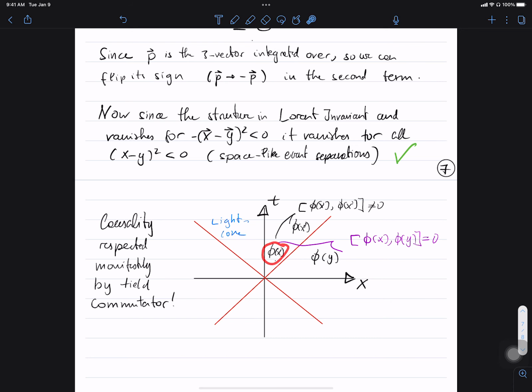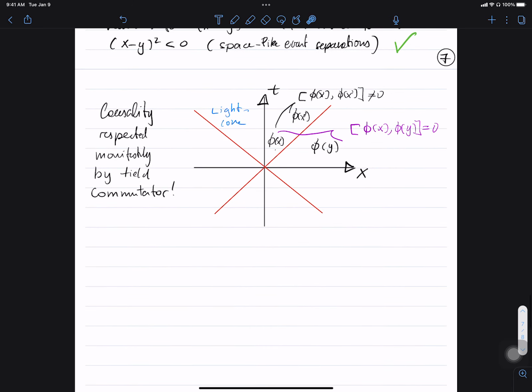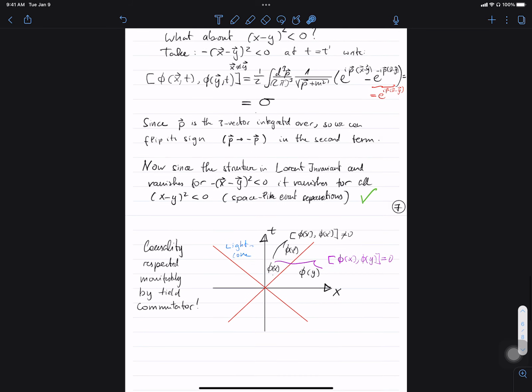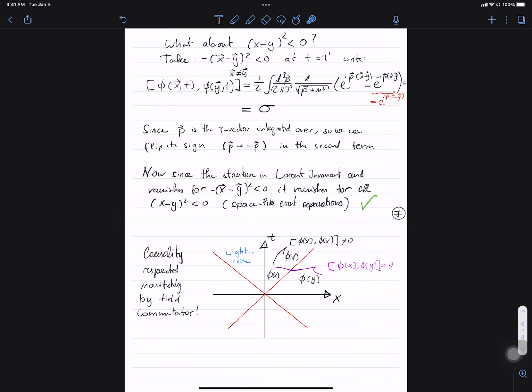And those 2 fields are outside the light cone, separated from each other, and their commutator vanishes. So they are not talking to each other. These 2 space-time events will not influence each other. So the commutator of the fields preserves causality. It has a well-defined causal structure. And this is really great. This is what we really need from our theory.